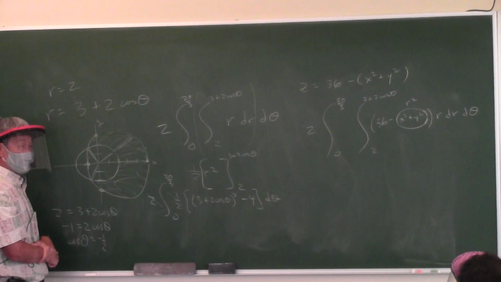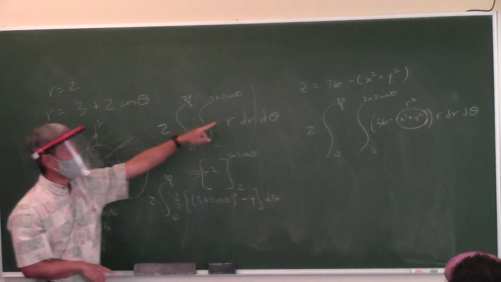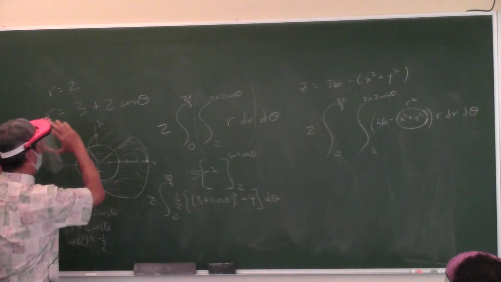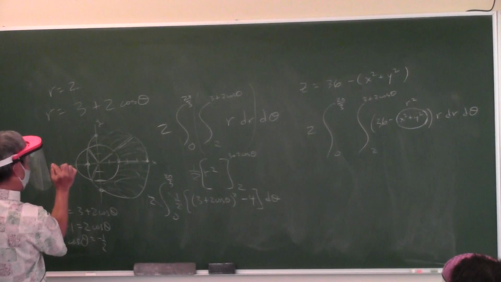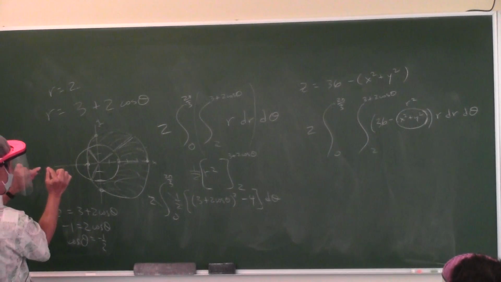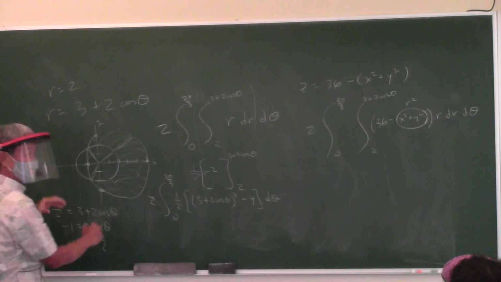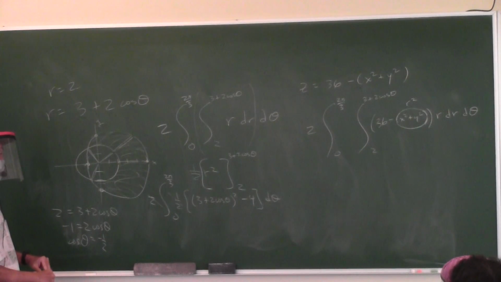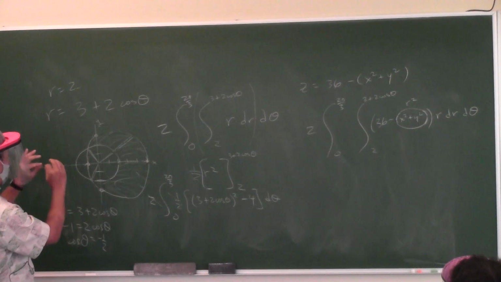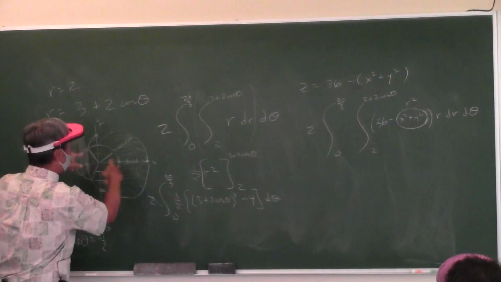How can a circle be on? That's not a circle, that's a paraboloid. A paraboloid is like here. Here's the point 0, 0, 36. That's the vertex, and it's going like this. Some would go up and some would go down, so I just wanted to make something where the whole surface is above that.